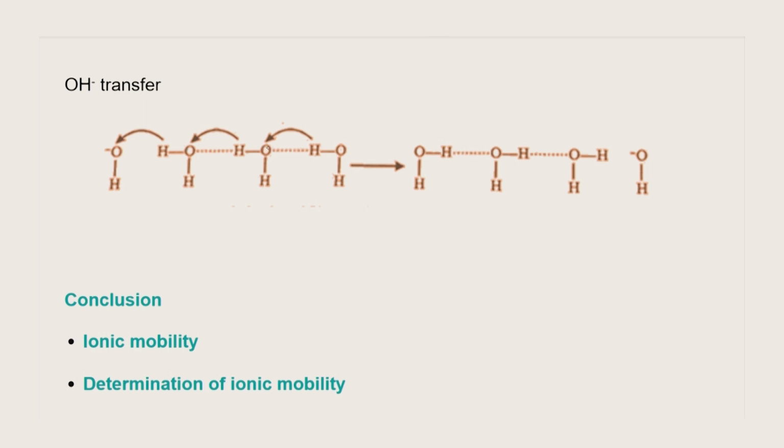And from this it abstracts another hydrogen atom, and here the negative sign finally reaches this water molecule. So there is a transference of the negative sign from the first OH minus ion to the third one. Because you have an electric field here, positively charged at one end and negatively charged at the other, the shift of hydrogen bonds takes place, and finally the negative charge is shifted towards the right-hand end.